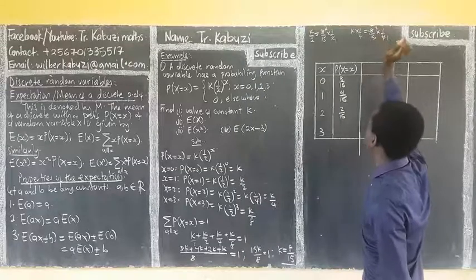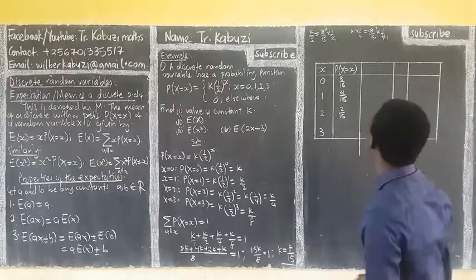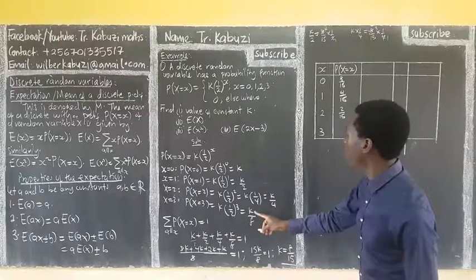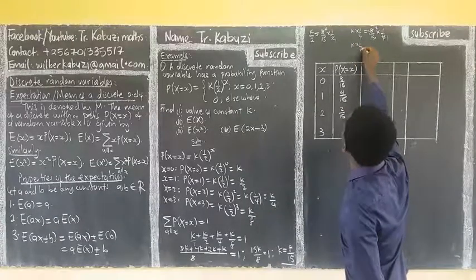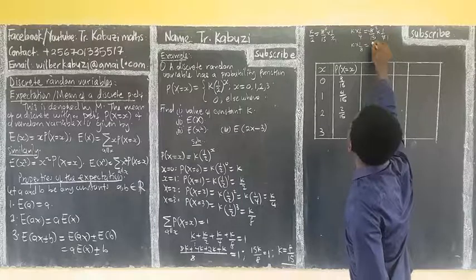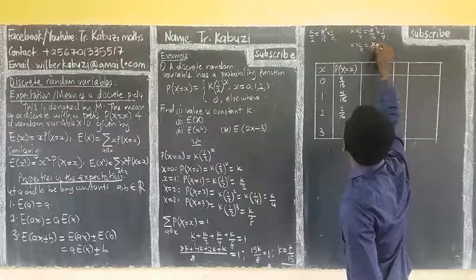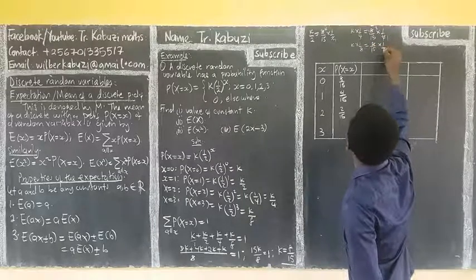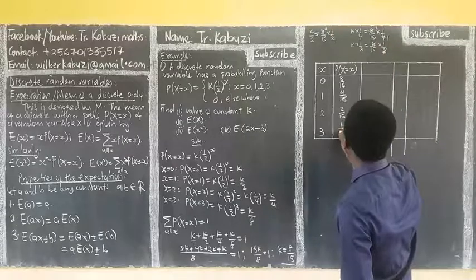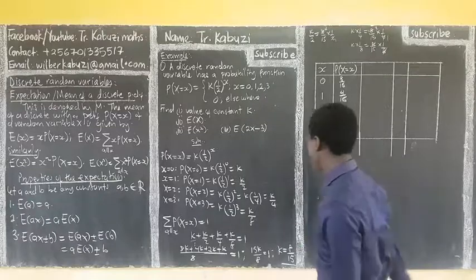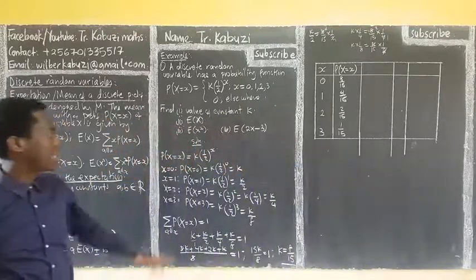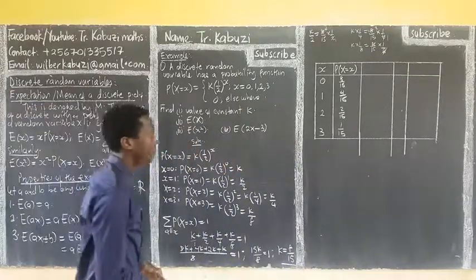When it's 1 over 8, the k times 1 over 8 will be 8 over 15 times 1 over 8. This one will cancel, so we are having 1 over 15. So that's how I got those probabilities there.